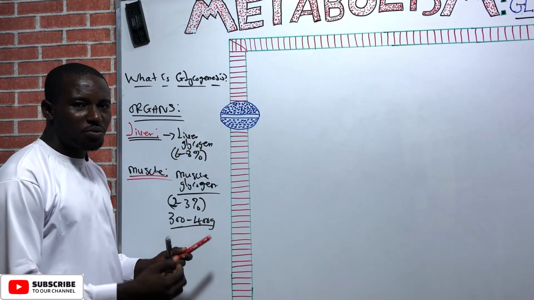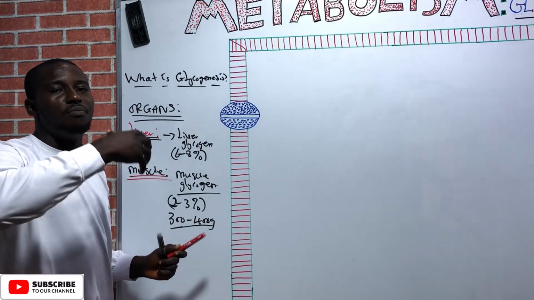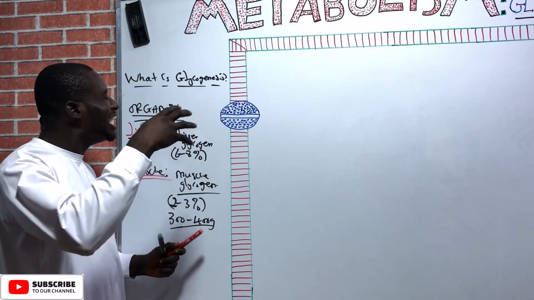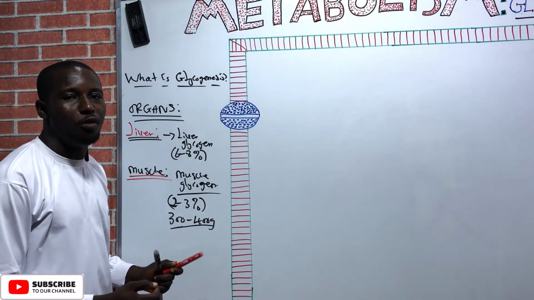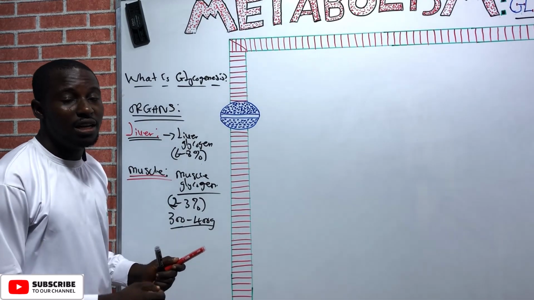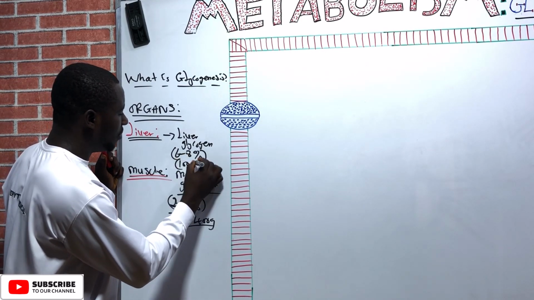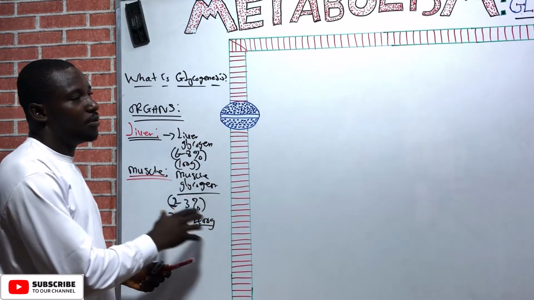That is why the mass of glycogen in the muscle is way bigger compared to the mass of glycogen in the liver. So the liver stores about 100 grams of glycogen. This is how it works.